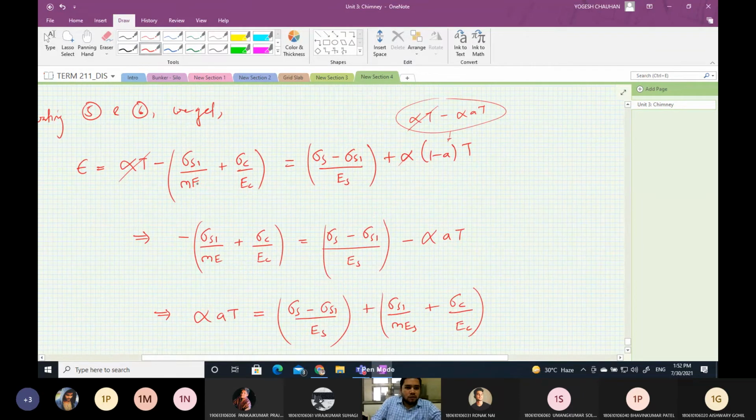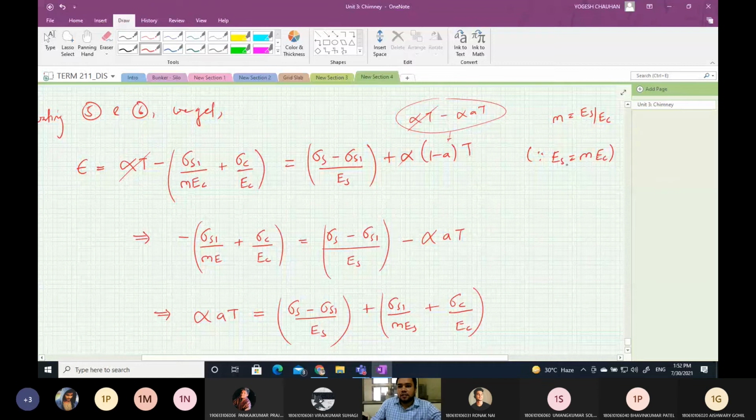This will be Ec, because Es is equal to m times Ec. We know the modular ratio is Es by Ec, so we can write Es equals m times Ec. So this will be m times Ec, so this will be Ec.